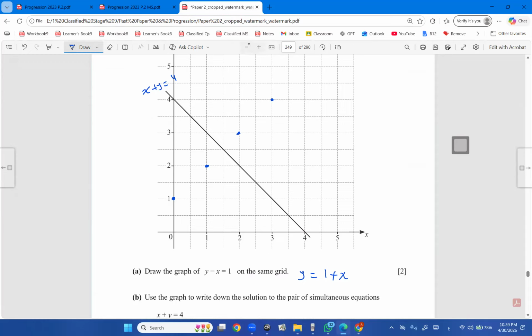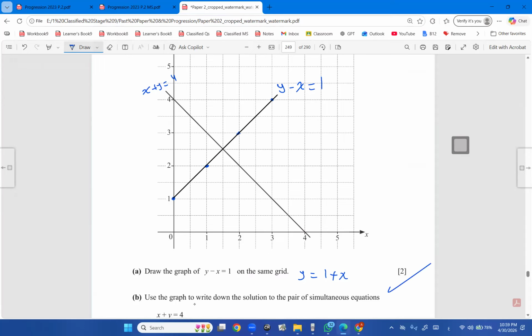Now I graphed the equation. Look at that. And I'm going to write over here. I'm going to label it y minus x equals 1, which is the same as y equals 1 plus x. Good. Now I graphed it, 2 marks.